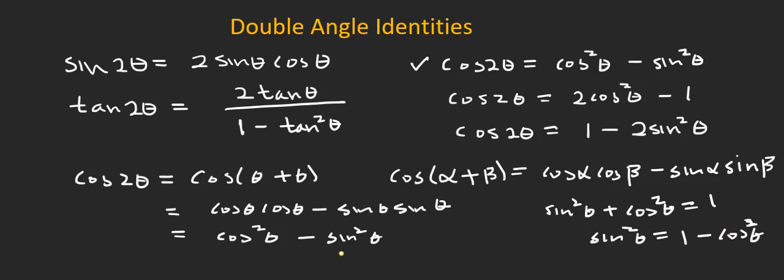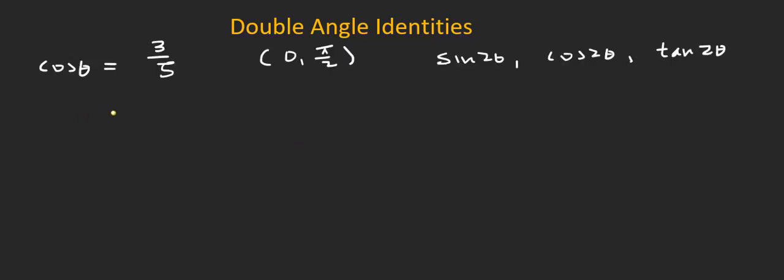Now, when you substitute 1 minus cosine squared theta instead of sine squared theta, guess what? You will end up with this identity right there. And I think by now you should know how to get this identity. And using a similar method, you will know that tangent of 2 theta is 2 tangent theta all over 1 minus tangent squared theta.